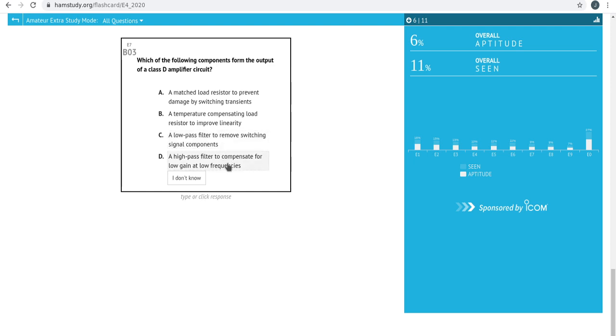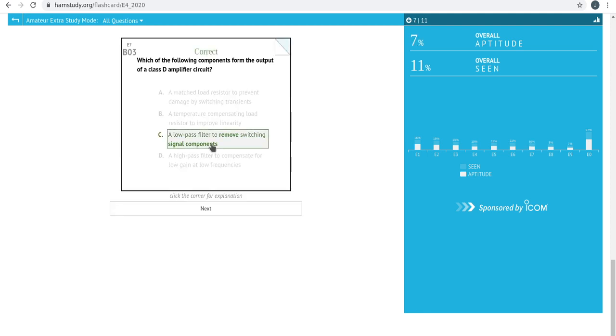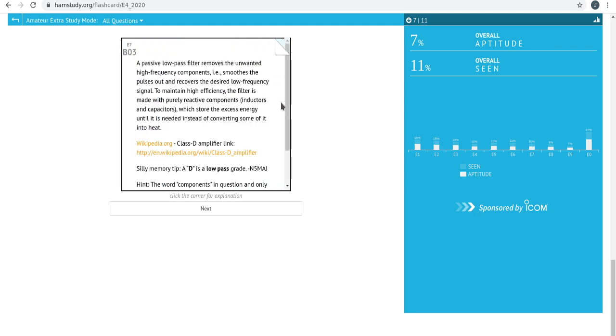I think it would possibly be C or D, because in my thinking it's trying to compensate for some of the drawbacks of a Class D amplifier. Maybe I'm completely wrong in that. So let's pick C. And my guess was actually correct. A low pass filter to remove switching signal components.